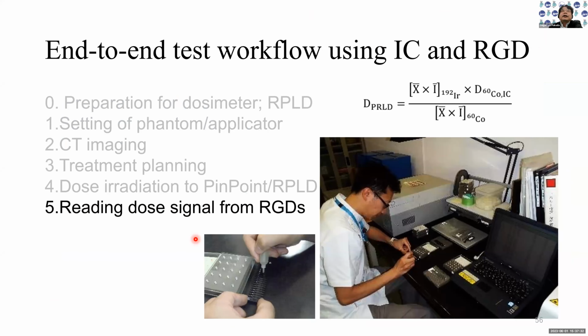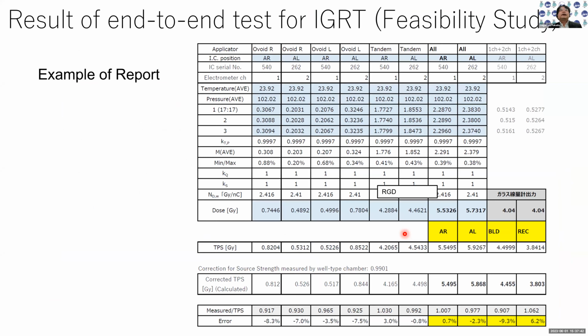And so after irradiation, we read those signals from RGD in our institute. This shows an example of reports, and the final result is here. This shows the difference between the measured value and the TPS at the A point.